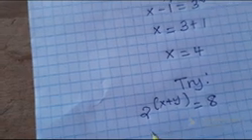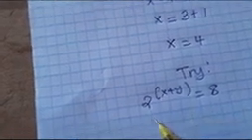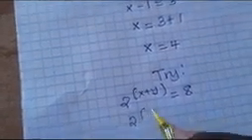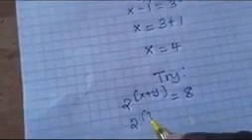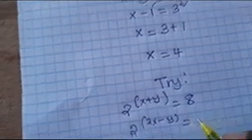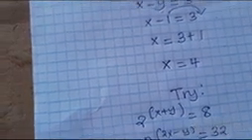Then another one is 2 power 2x minus y equals 32.